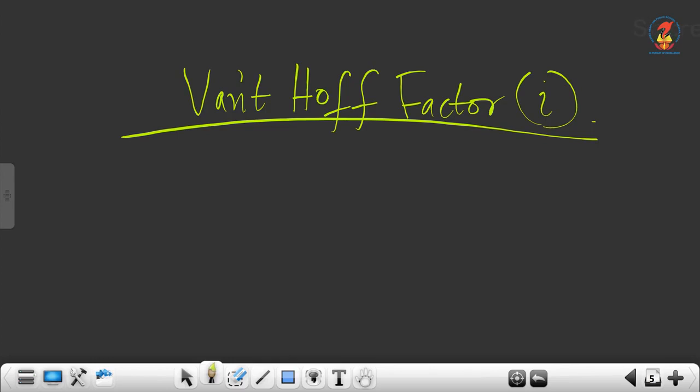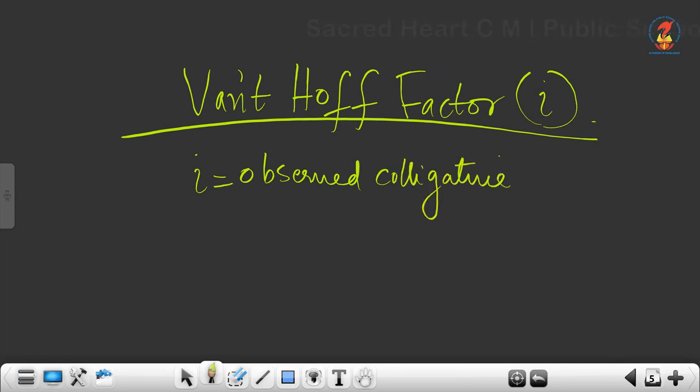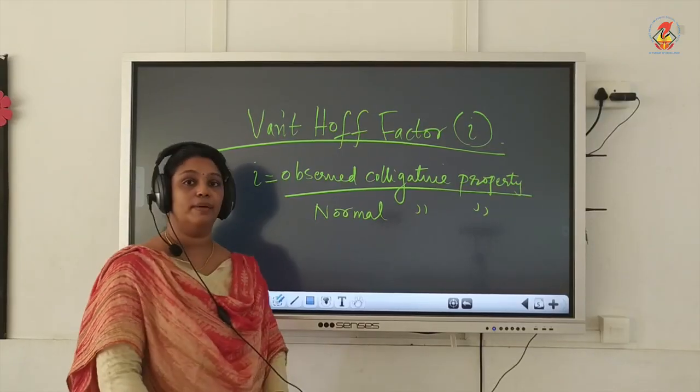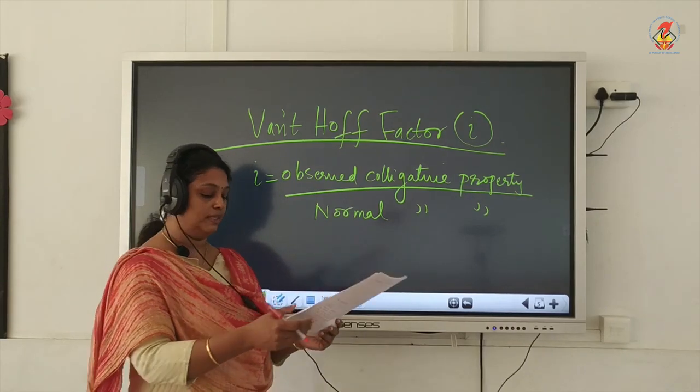That is, if you write the expression, i is equal to observed colligative property by normal colligative property. So, Vanhof factor i is equal to observed colligative property by normal colligative property.